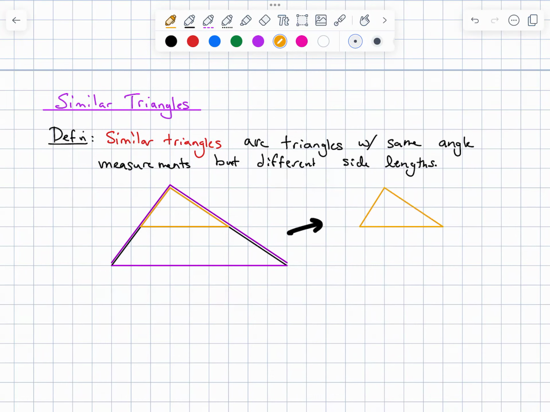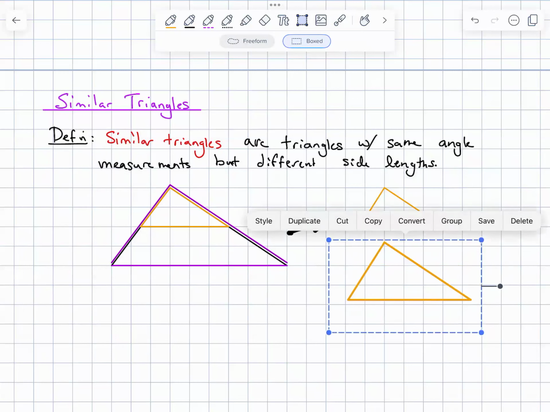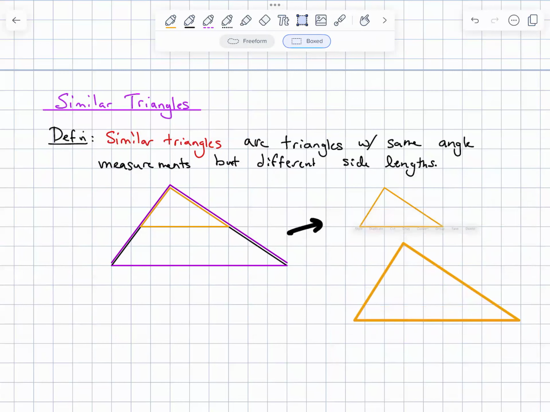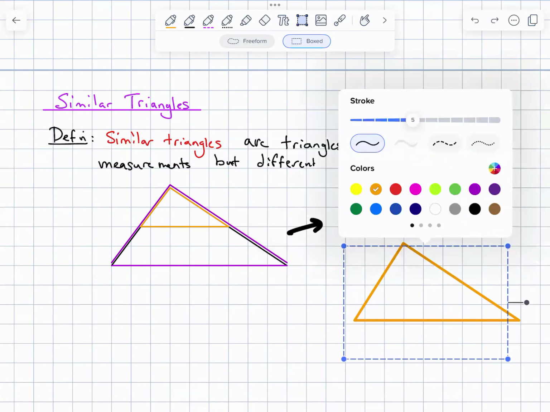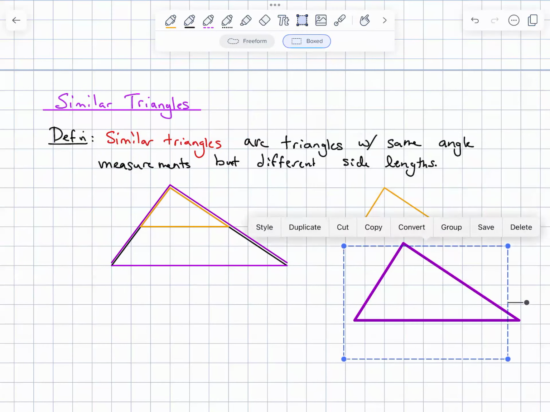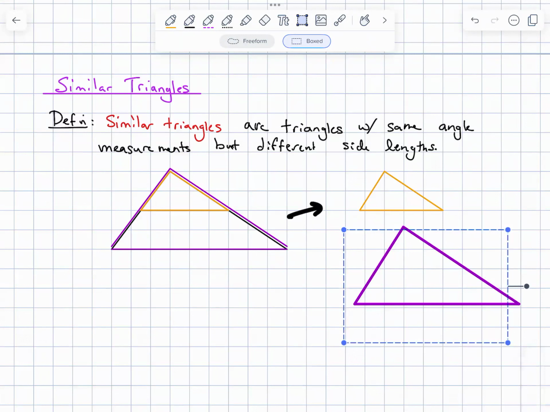And then here's the cool thing. Wait, no, I want to duplicate. I wanted to change to purple. And those are similar triangles. So what happens is you can look at this as two triangles, one inside of the other.